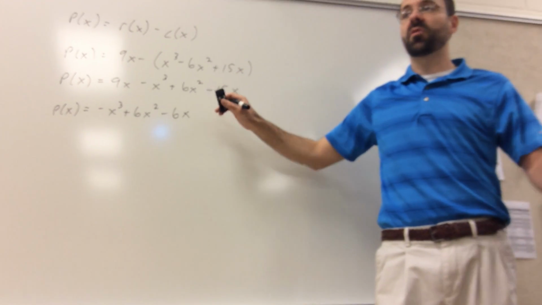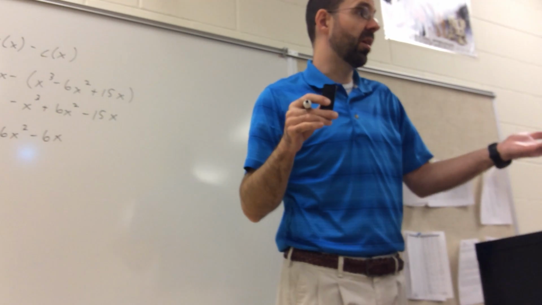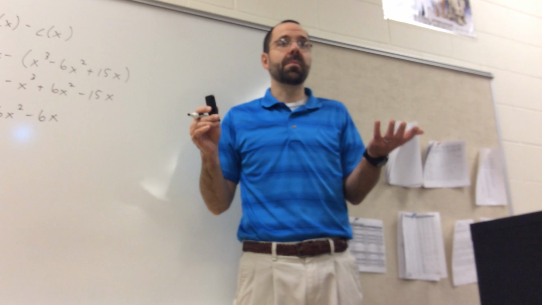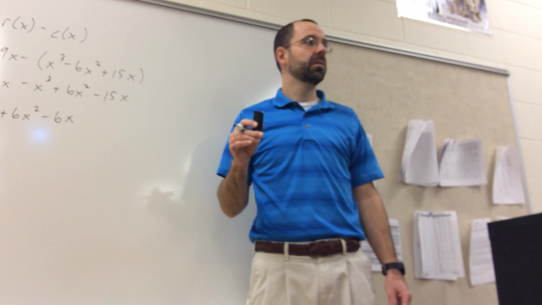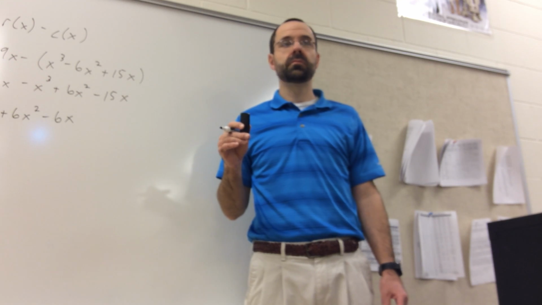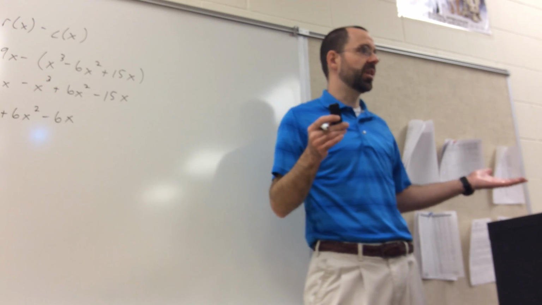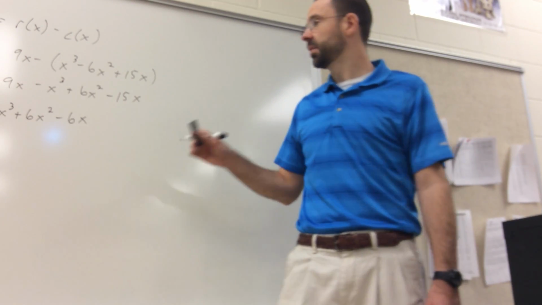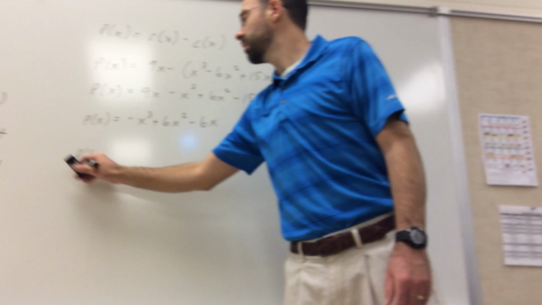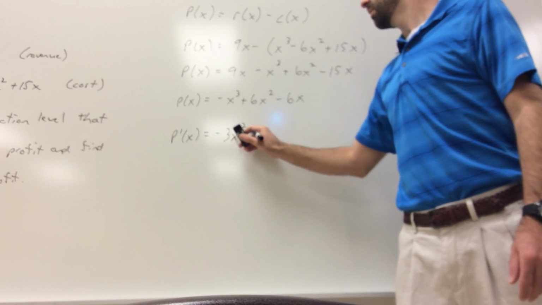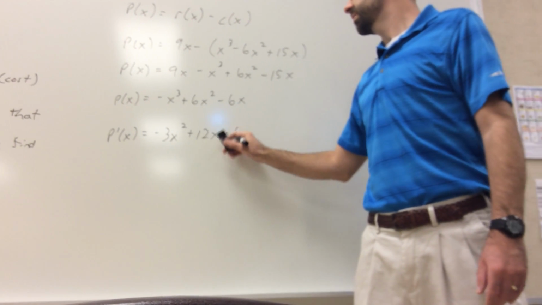Okay, so all that so far was just finding the function for profit. But then the question's asking for the maximum profit. So how do you find the maximum of something? Take the derivative, set equal to 0 and undefined, right? That's a procedure for maximizing something. So P prime is negative 3x squared plus 12x minus 6.